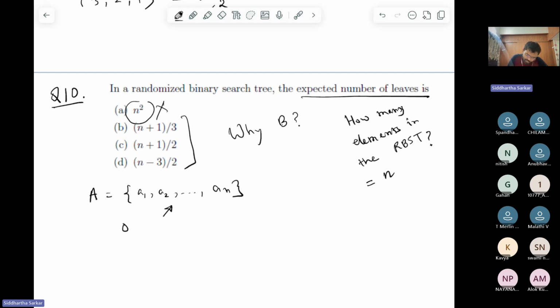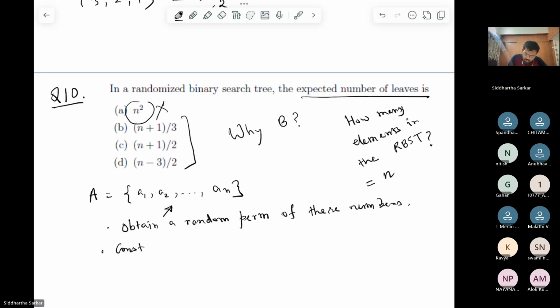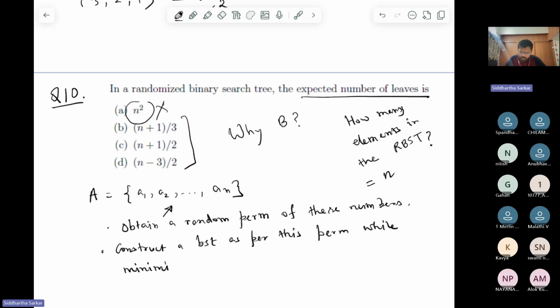You first obtain a random permutation of these n numbers, and then you construct a BST as per this permutation, while keeping it as balanced as possible.